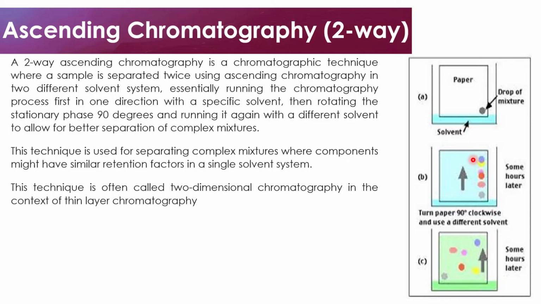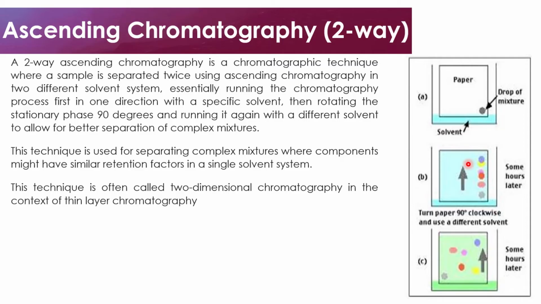But one thing we can also see is that the second and the third components are complex mixtures because they have almost the same RF value. We can see that they are very close to each other. And the fourth and the fifth components also happen to be complex mixtures having almost the same RF value.